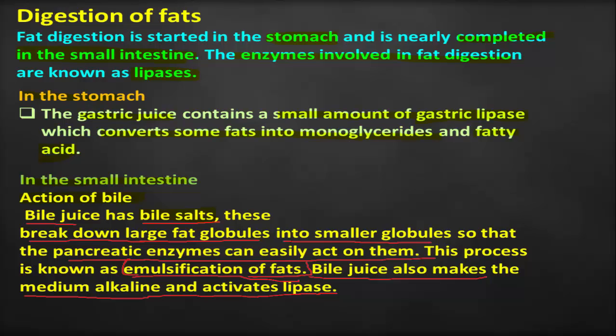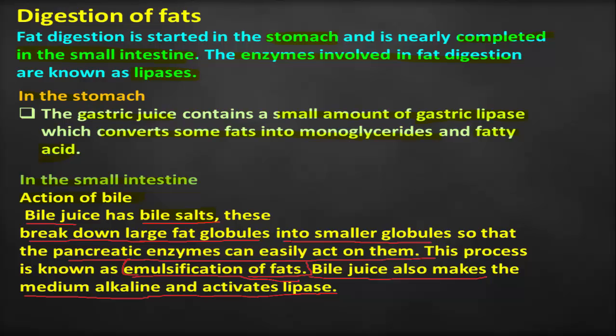These bile salts combine with the larger fat globules, and these larger fat globules are broken into smaller fat globules. The process is called emulsification.